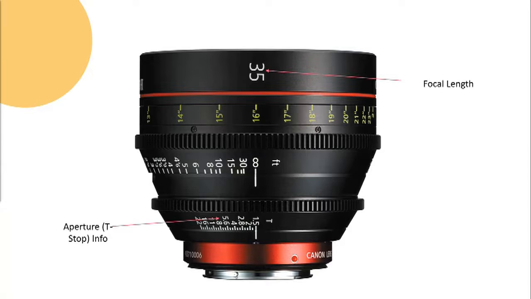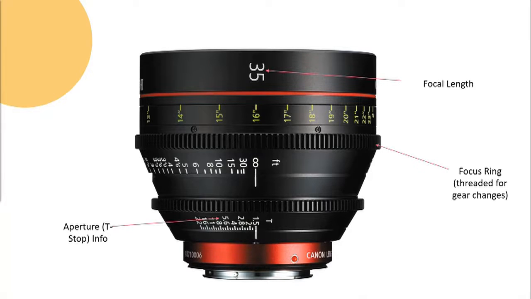T-stops are a little bit more complicated because it's more to do with exposure as well as the depth of field, and maintaining the correct exposure as you change lenses and you change shots is essential when it comes to capturing video. Again, very complicated information. We will dig much deeper into it when the time comes, but for now, just be aware that you measure your f-stops on a cine lens as T-stops.